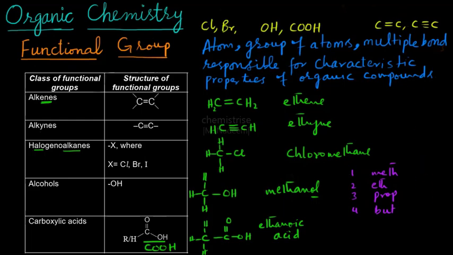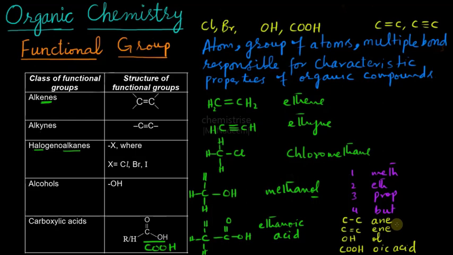These are the four suffixes: carbon-carbon single bond always ends with ane, double bond ends with ene, alcohol OH ends with ol, and carboxyl group present ends with oic acid. So using these prefixes and suffixes, we can draw many structures of organic compounds.